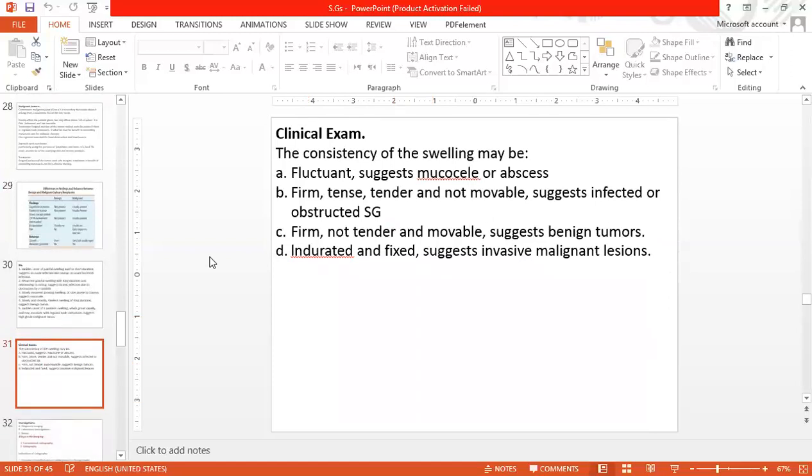For the clinical examination, as with any type of clinical examination, we start with the fluctuancy of the mass. A mass that is firm, tense, tender, and not movable suggests that it may be infected or an obstructed salivary gland. Firm, not tender, and movable suggests a benign condition, while indurated and fixed suggests a malignant tumor or malignant condition on clinical examination.